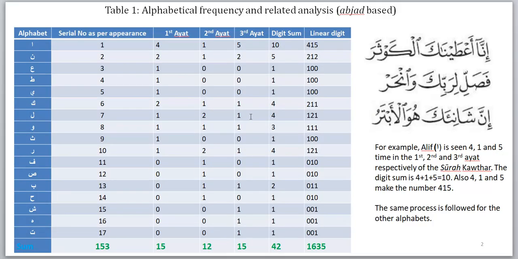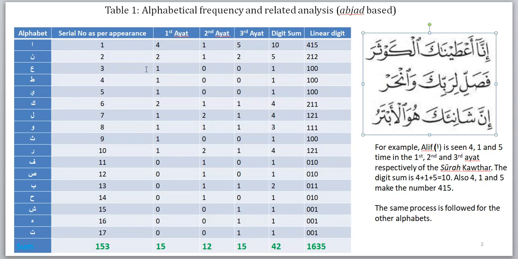Let's go to the next slide. Here we see that in table 1, alphabetical frequency and related analysis is presented. Let me explain this table at first. In the left column, the alphabets are placed based on their first appearance in this surah.